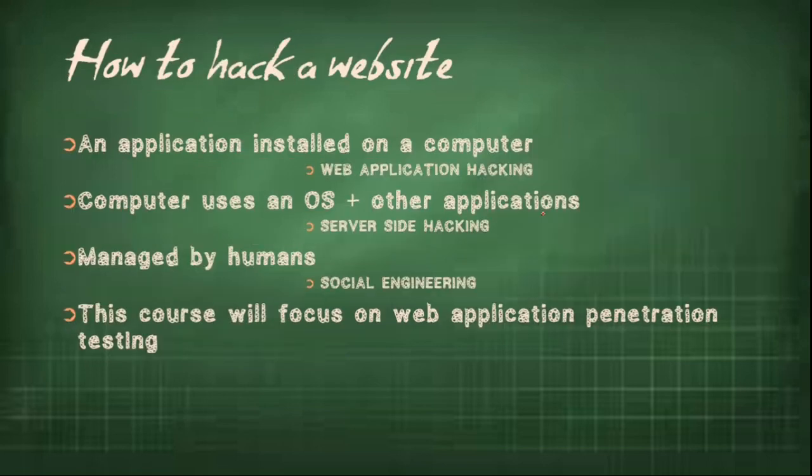Now these components lead us to knowing how we can hack a website, and there is more than one thing that we can exploit to gain control over a website. The obvious thing is the web application that we can exploit. A web application is an application installed on the server. If we hack or exploit it, then it is termed web application hacking. The web application is the thing that you always interact with.